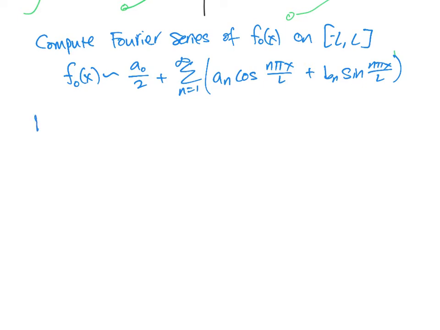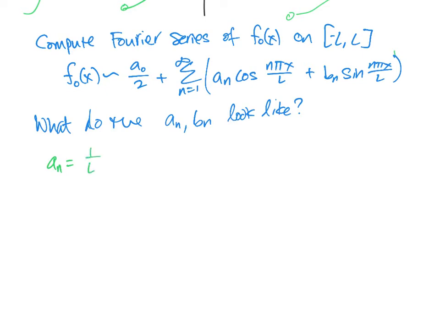And then what do the an and bn look like? So an is given by this formula, 1 over L, integral from negative L to L, f of x cosine n pi x over L. So this is actually f_o of x dx.